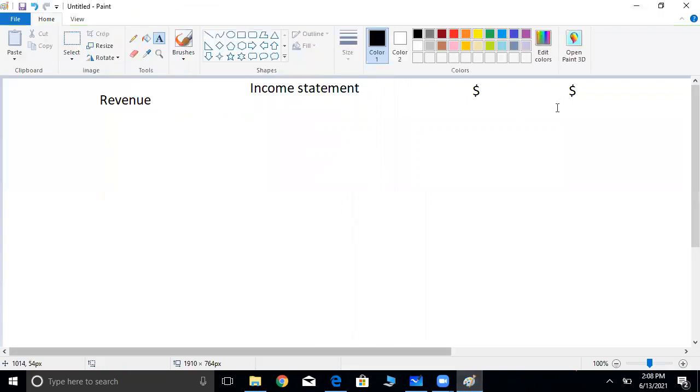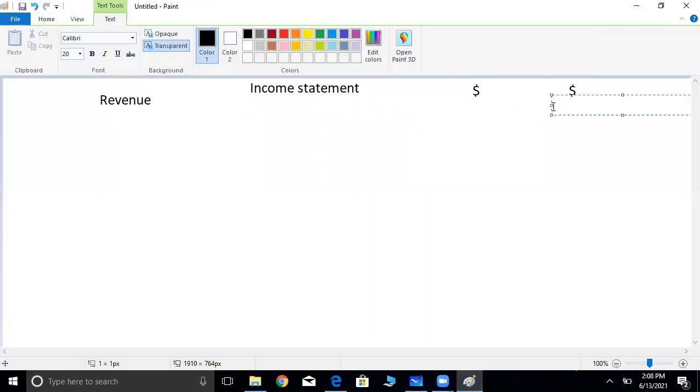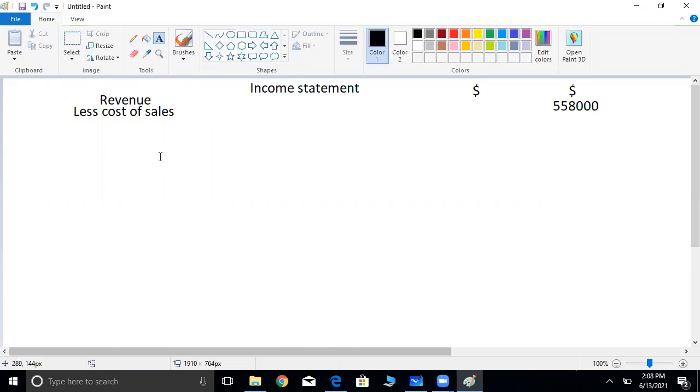If there is going to be a sales return, I will write sales return. But as there is no sales return, I will write 5,58,000 in the sales revenue. Then I will subtract, less cost of sales. Definitely you have an idea about that. That opening inventory used to come in the first instance in cost of sales.